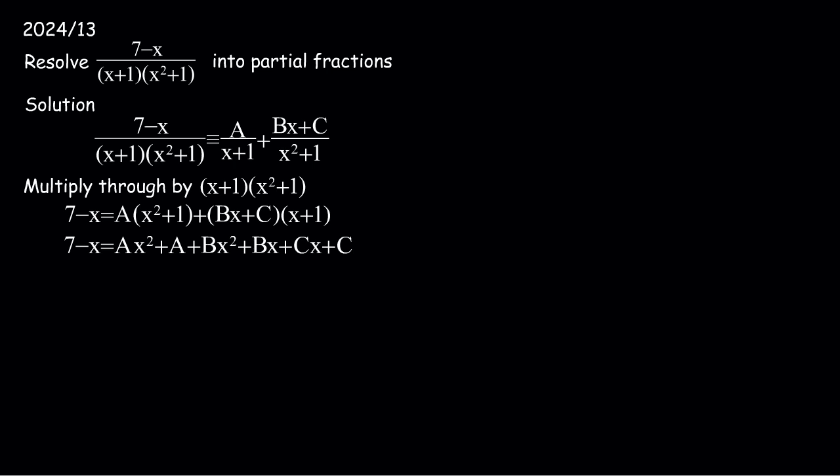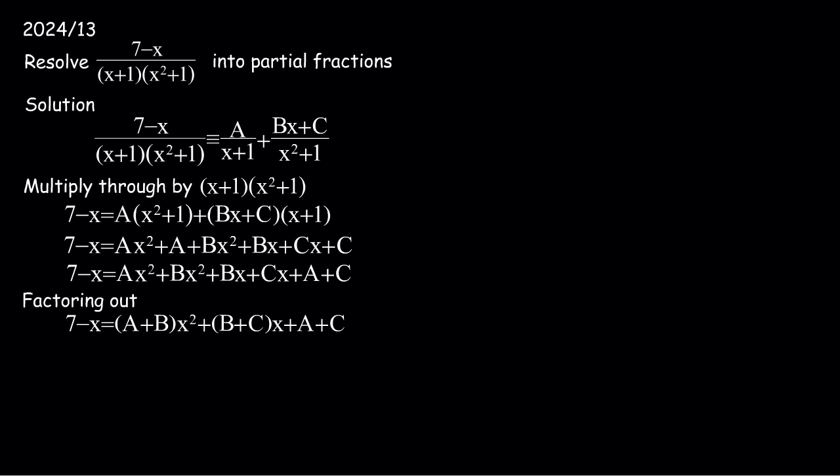At this point we are going to be collecting like terms. Collecting like terms becomes 7 minus s is equals to as squared plus bs squared plus bs plus cs plus a plus c. At this point we are going to be factoring out. Factoring out, it becomes 7 minus s is equals to (a plus b) in bracket s squared plus (b plus c)s plus a plus c.